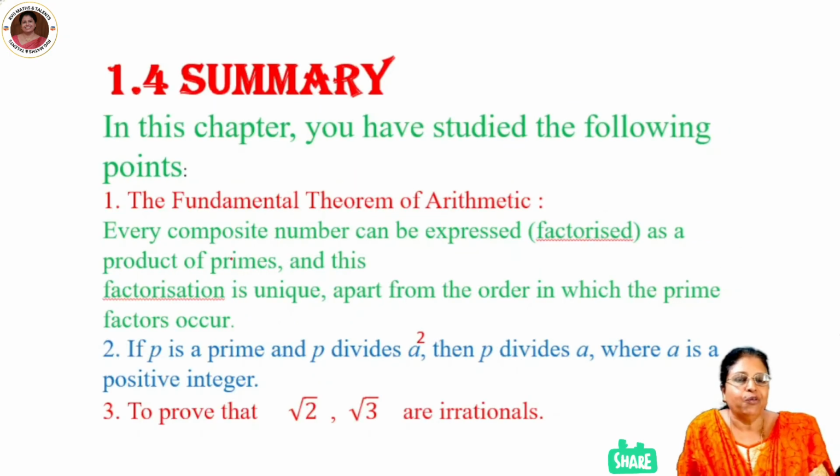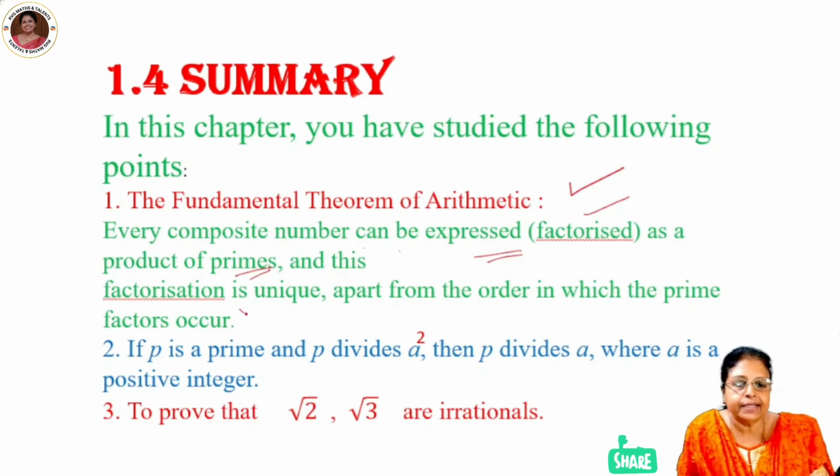We have completed that exercise and that chapter is over. Let us go through the summary. In this chapter, we have studied the fundamental theorem of arithmetic. What is it? Every composite number can be expressed or factorized as a product of primes.